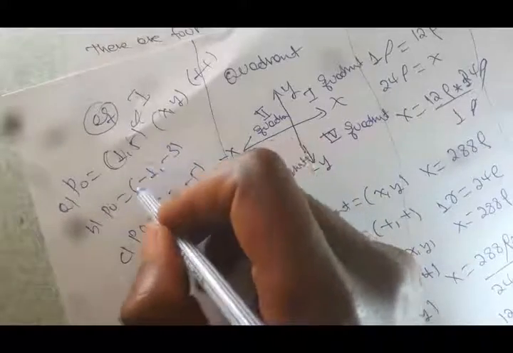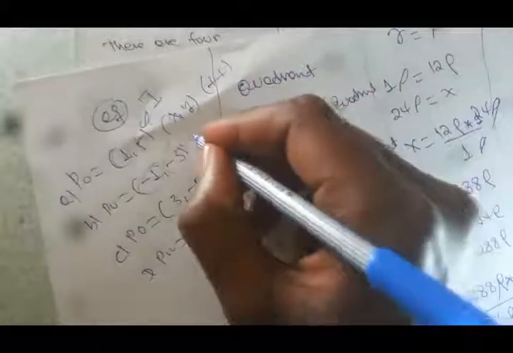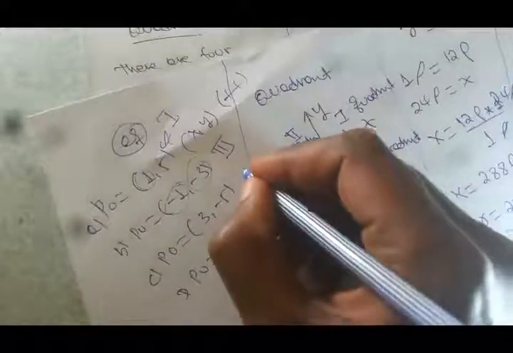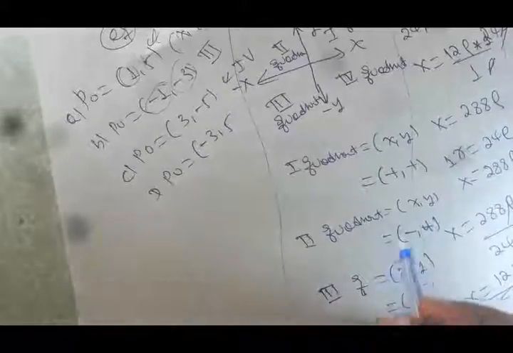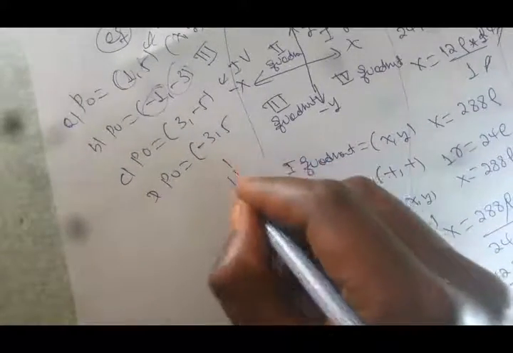And if the values of X and Y are negative, negative, quadrant 3 has both a negative X and a negative Y, therefore this is the third quadrant. And if you have a positive X and a negative Y, it is found in quadrant 4. And if you have a negative X and a positive Y, it is found in the second quadrant.